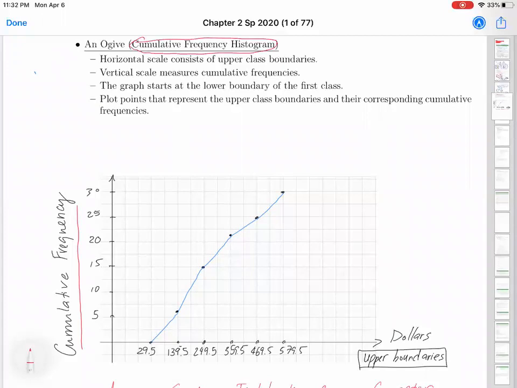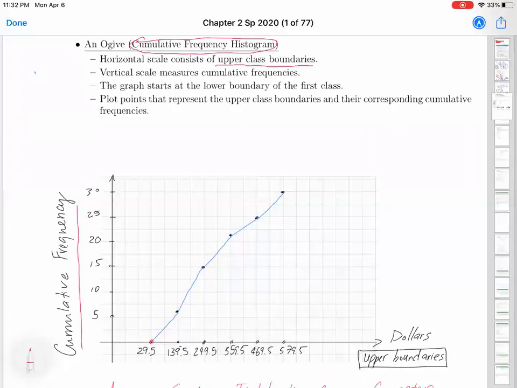And the horizontal scale consists of upper boundaries of classes. But then the graph starts at the lower boundary of the first class and then goes up.